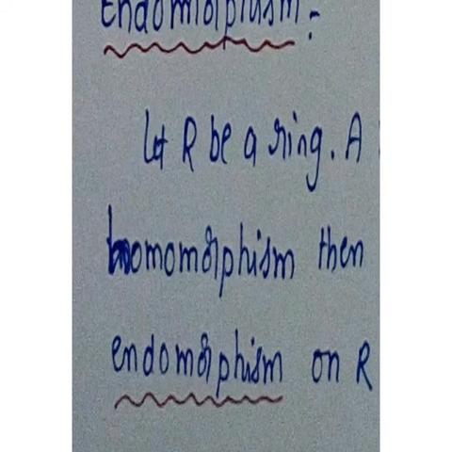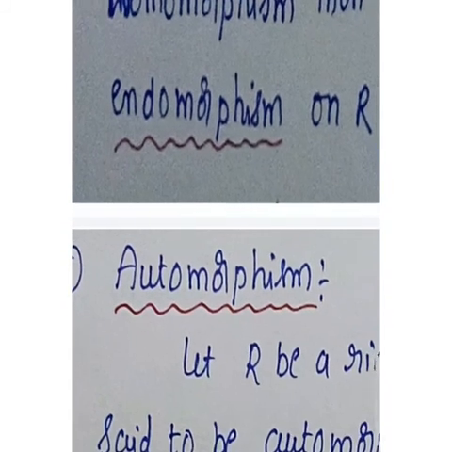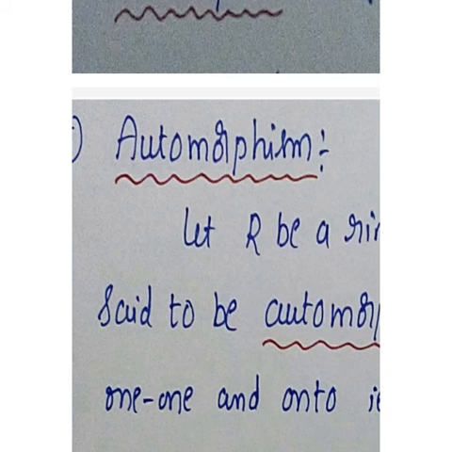In function, generally f is a function from A to B, but in some cases we can take a function from A to A. Here also the homomorphism can be defined from R to R', or the homomorphism can be defined from R to R. If the homomorphism is defined from R to R, it is called endomorphism. If isomorphism is defined from R to R, it is called automorphism.